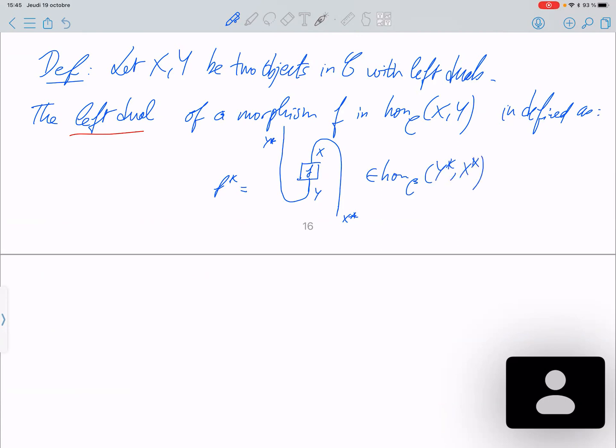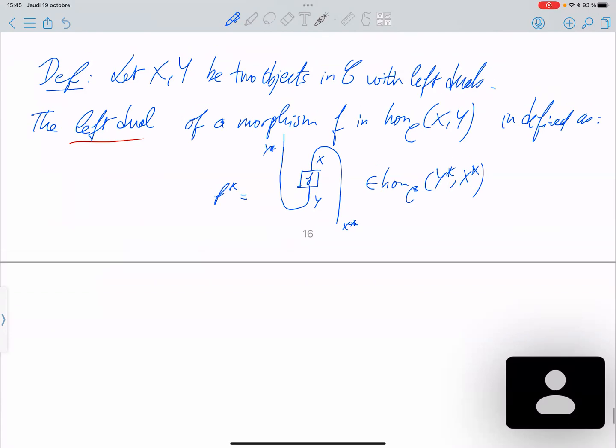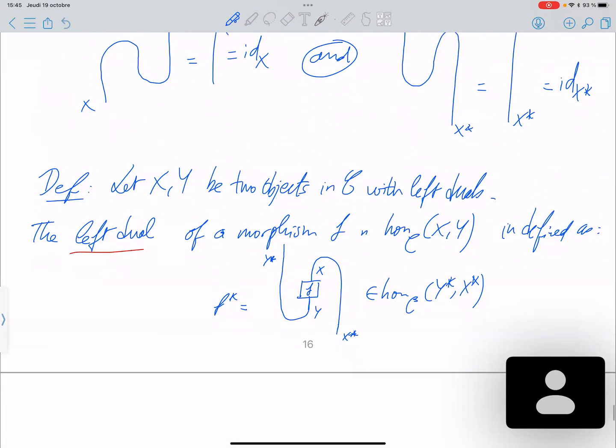So our definition of a left dual of a morphism is just this picture. It's very easy to reformulate this picture in terms of the morphism, co-evaluation, evaluation map, identity, etc.